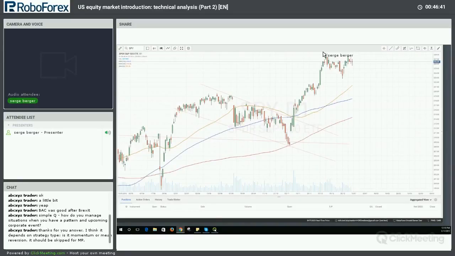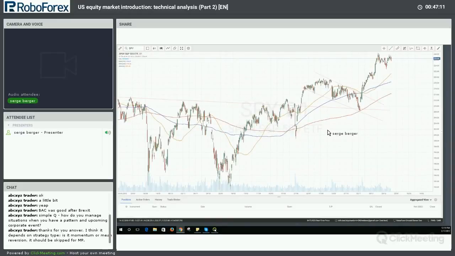So not only is Bank of America and the financial sector in a consolidation phase, but so too is the entire S&P 500. So right now, and if you want to talk about current events for just a minute, there's lots of reasons why, in my opinion, it's probably a good idea to take a bit of a pause, a bit of a step back, because we do have the inauguration of the new president.